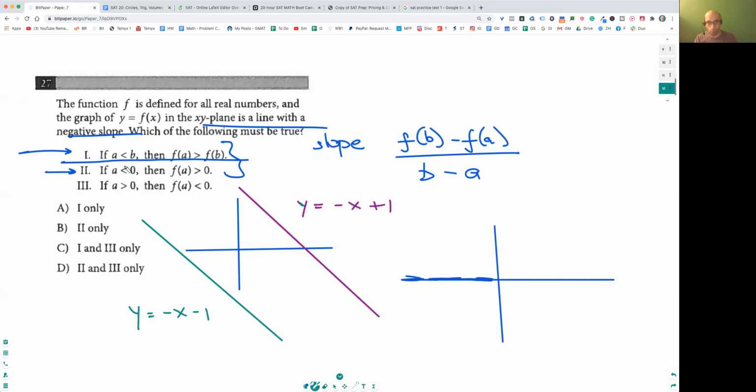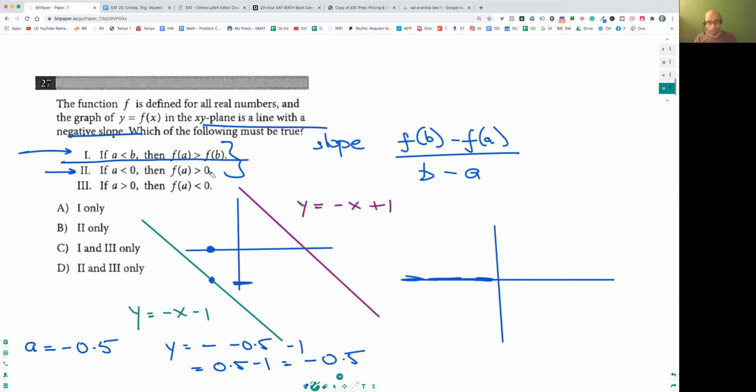If a is less than 0, I took a to be negative 0.5 over here. I know I'm spending too much time on this, but I think it's worth it. a is equal to negative 0.5. Then what do you think is y, or f(a)? y is equal to negative of negative 0.5 minus 1, which is 0.5 minus 1, which is negative 0.5. So that's why this is wrong, because it's not always greater than 0. Here it is less than 0. So that's why this goes away.